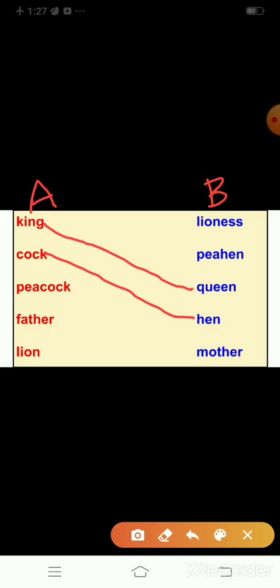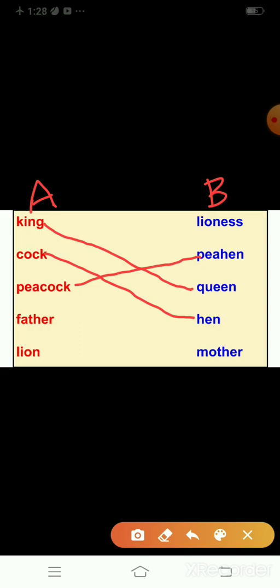Okay, next word. Peacock. So what will be the correct feminine gender for peacock? Correct. Peacock, peahen. Very good. Next word. Father. What will be the feminine gender, children?